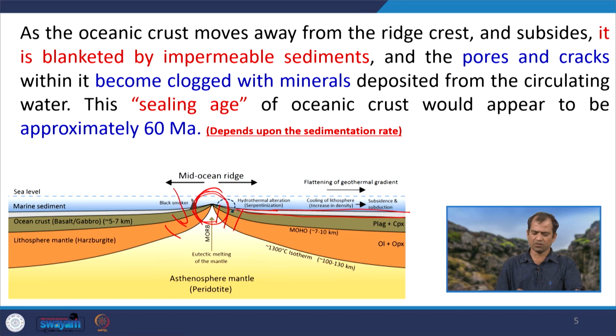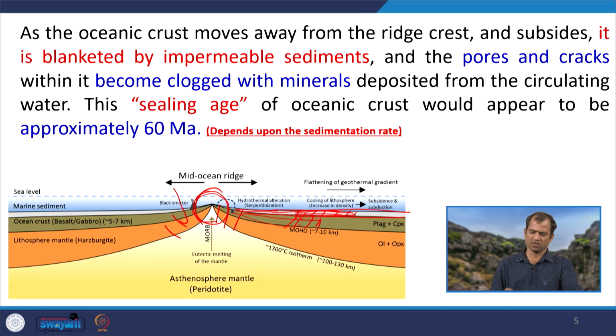But once you move away from the mid-oceanic system and sedimentation becomes active or more pronounced, these cracks are closed. The cracks that were here earlier are filled with sediments. Apart from that, as you move away from the mid-oceanic ridge, the hydrothermal fluids cool down and finally some minerals precipitate within the cracks.